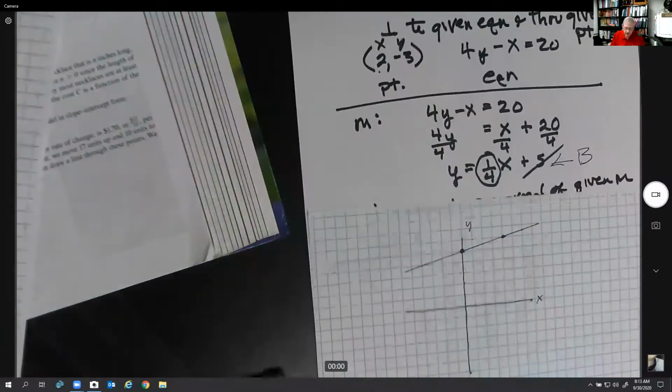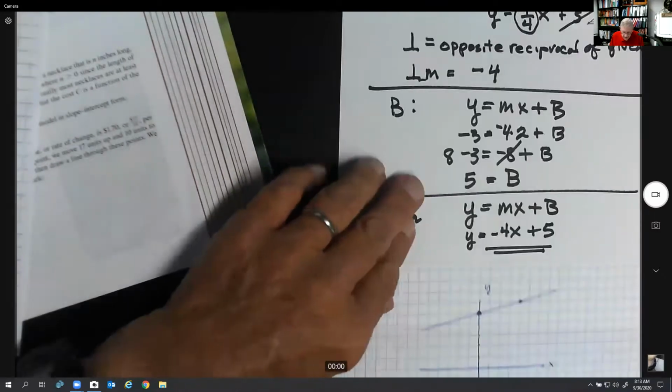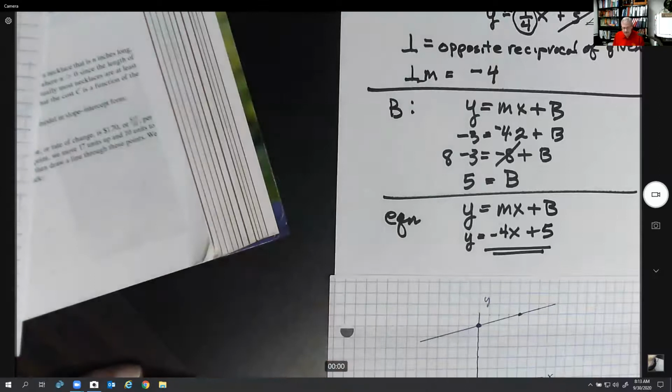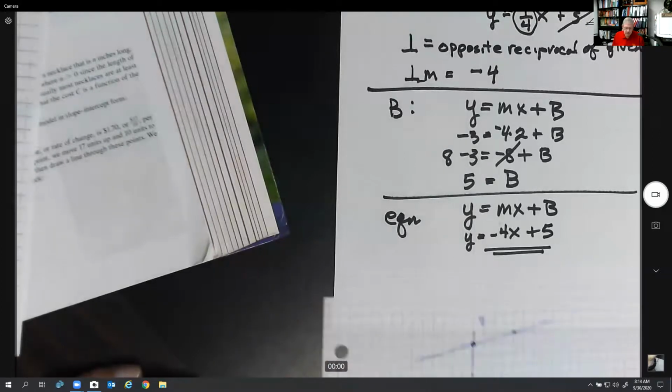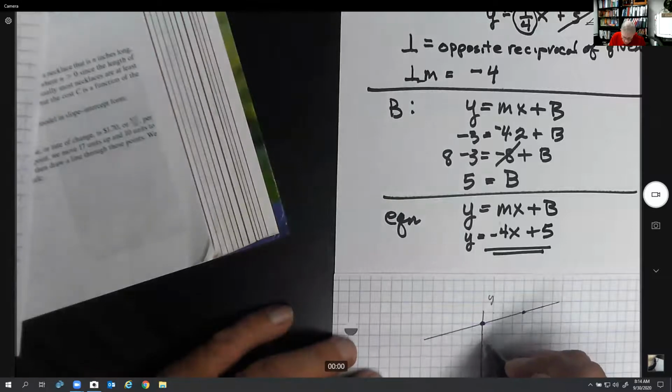Now we wanted one that was perpendicular. I should have given myself more room. Let's see if we get enough. This is also going to start at 5. See? But our slope is what? -4. So we're going to go down 4, 1, 2, 3, 4, and over 1, right there.